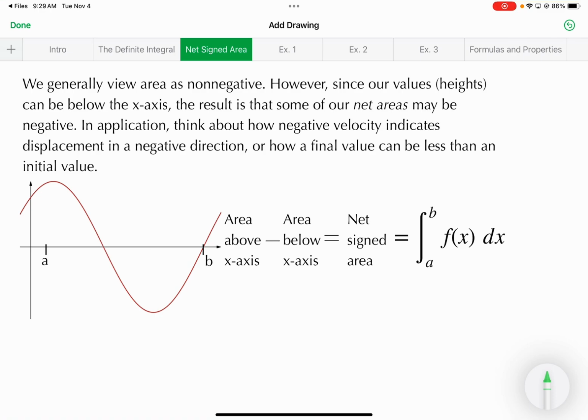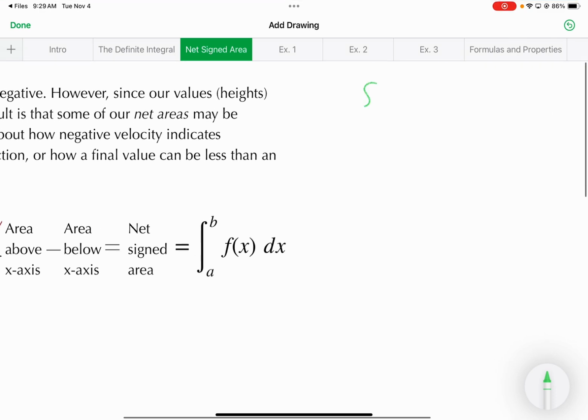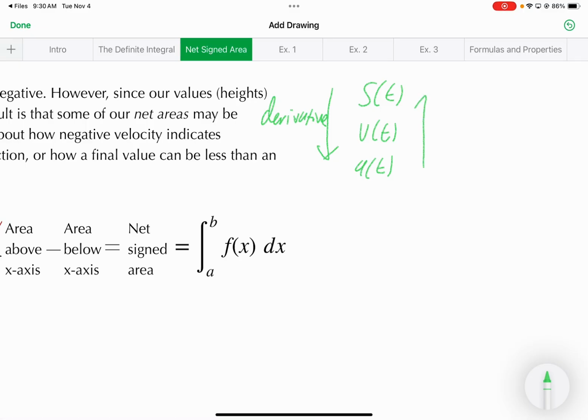So when we take our integral, let's talk about what this means. If we think about s of t, the derivative of that would be v of t, and the derivative of that would be a of t. To go down, you would take your derivative, right? If I wanted to go up, I would instead need to take my antiderivative or my integral, right? Which means if I take the integral of my velocity, for example, that's going to tell me my position.